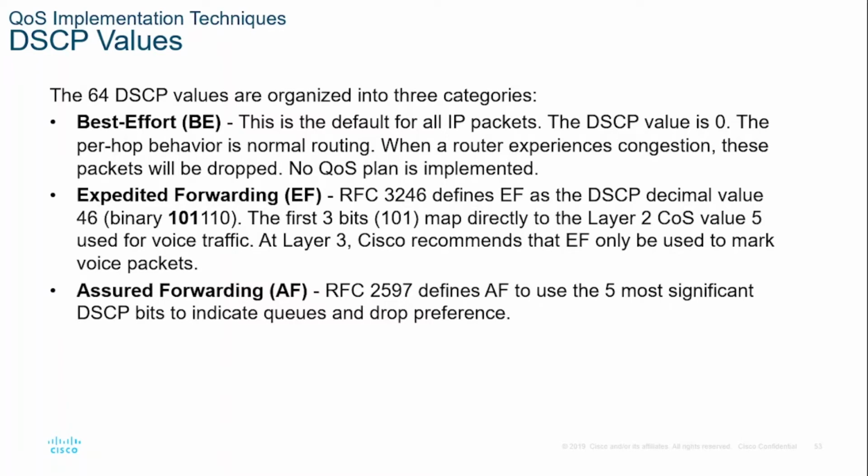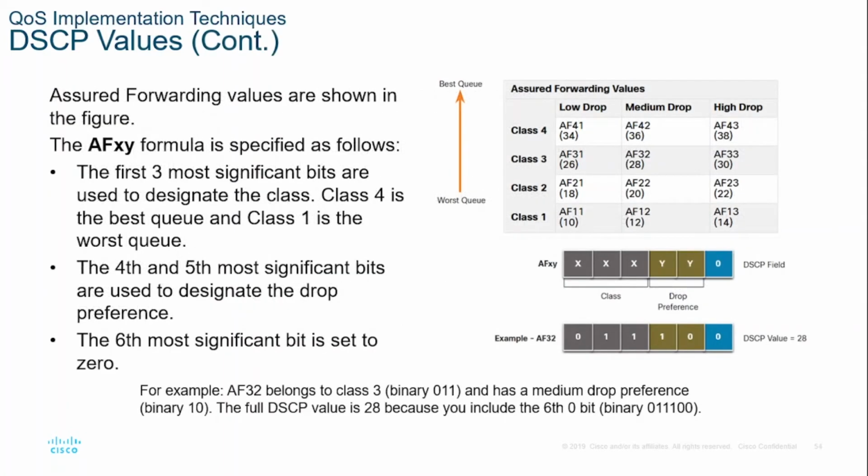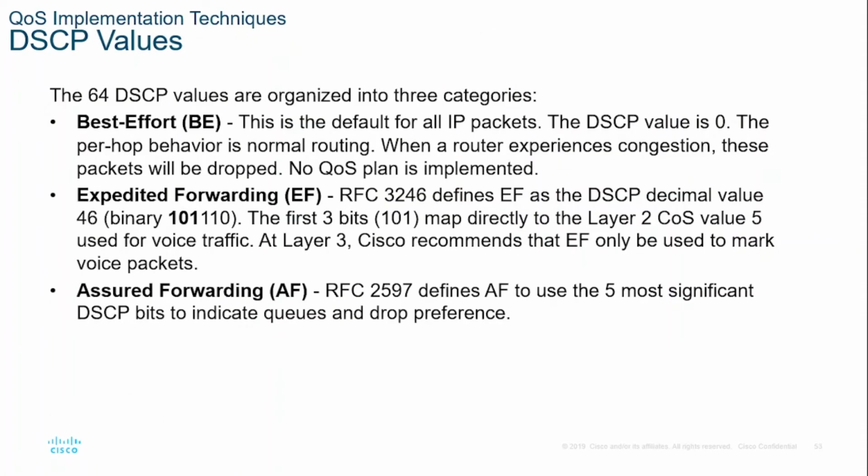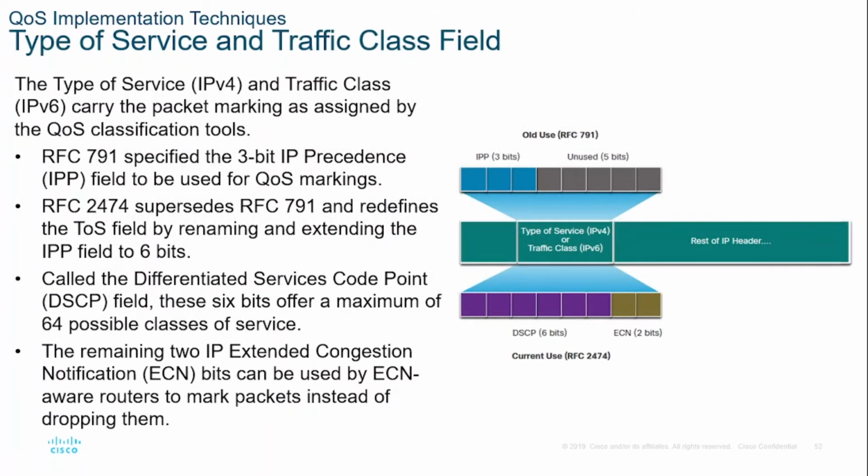RFC 2474 supersedes RFC 791 and redefines the TOS field by renaming and extending the IPP field. The new field, as shown in the figure, has 6 bits allocated for QoS called the Differentiated Services Code Point or DSCP field.